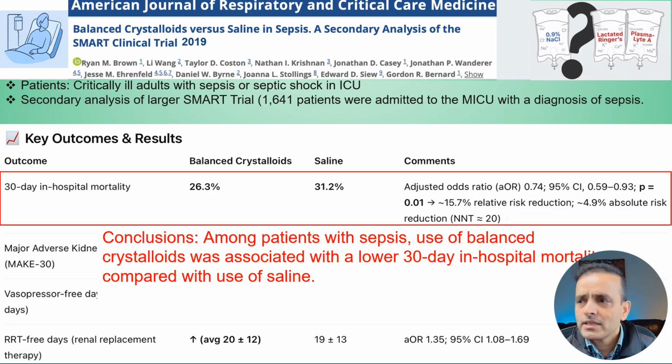So given the low risk and plausible physiological advantage, balanced crystalloid is the default fluid of choice in sepsis resuscitation, especially when you are going to use a large volume of fluid and when there is a risk of acute kidney injury. Some other studies have also shown that the earlier you choose the balanced fluid, the better the outcome. So these are the take-home messages from this secondary analysis.